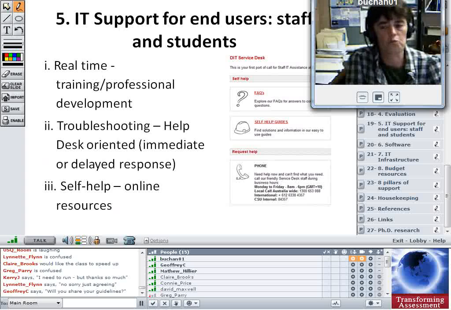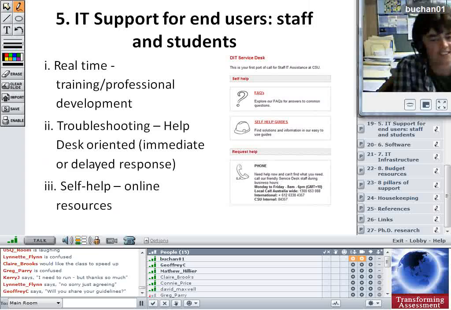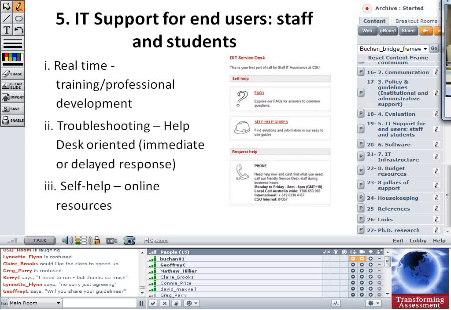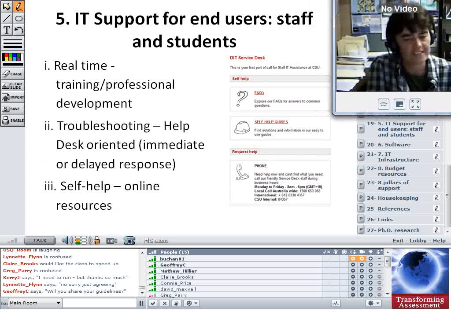The IT support is a big area, and there's lots of different ways that one can look at that. There's never enough for everybody, and we identified three areas according to what one would see as the tier support system if you're into the IT area, and real time, which is training and professional development.